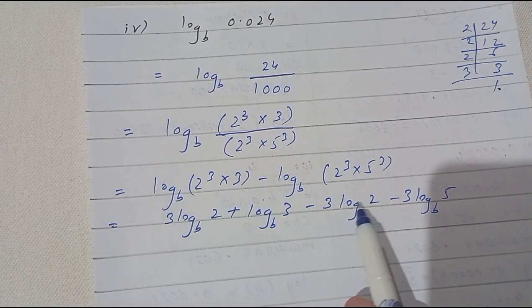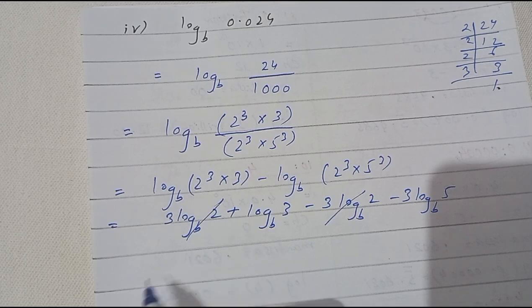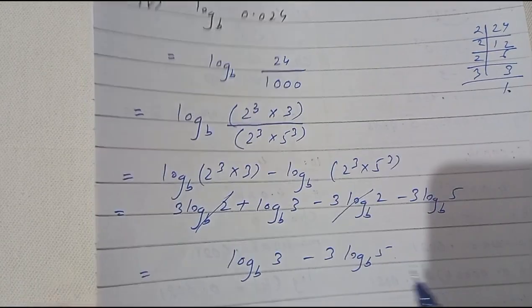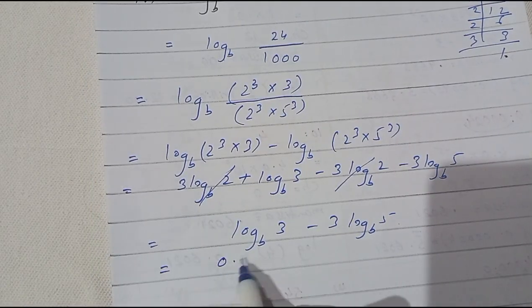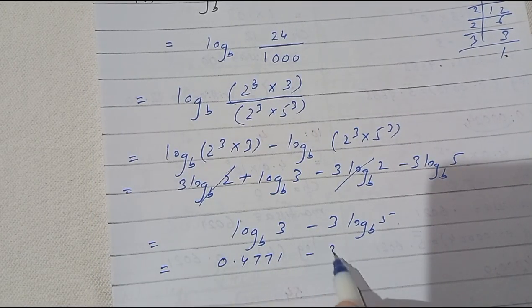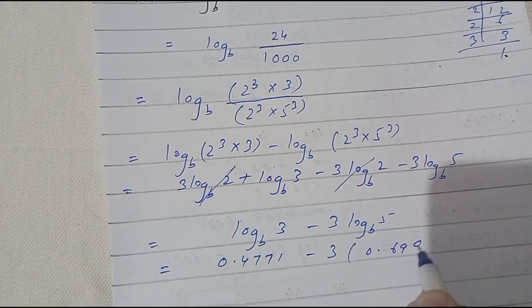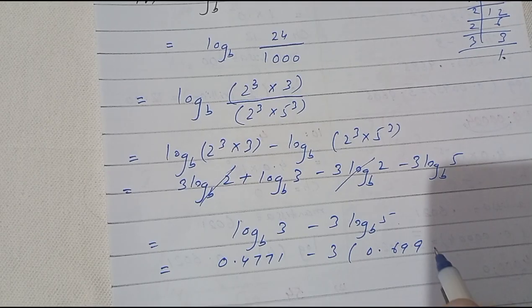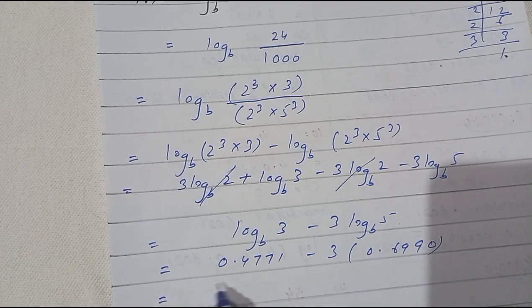As these two terms are the same, we cancel them. So we are only left with log of b 3 minus 3 log of 5. Put the values of log, that is 0.4771 minus 3 of 0.6990. So after solving we will get the answer as minus.